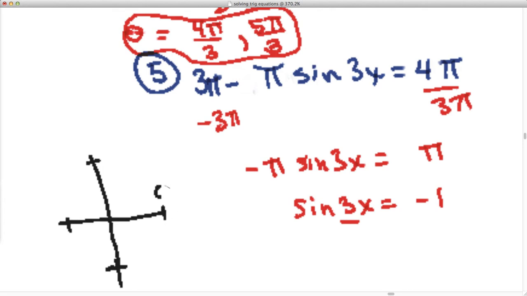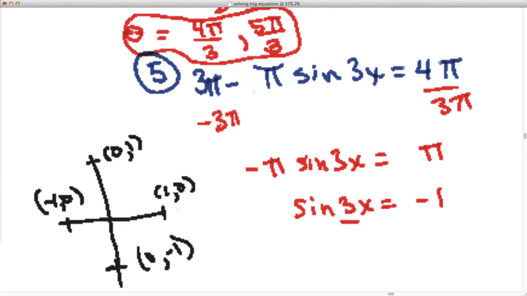So if you wrote the points 1 comma 0, 0 comma 1, negative 1 comma 0, 0 comma negative 1, the first one is cosine and the second one is sine, and we see that sine is negative 1 right here at the angle of 3 pi over 2.